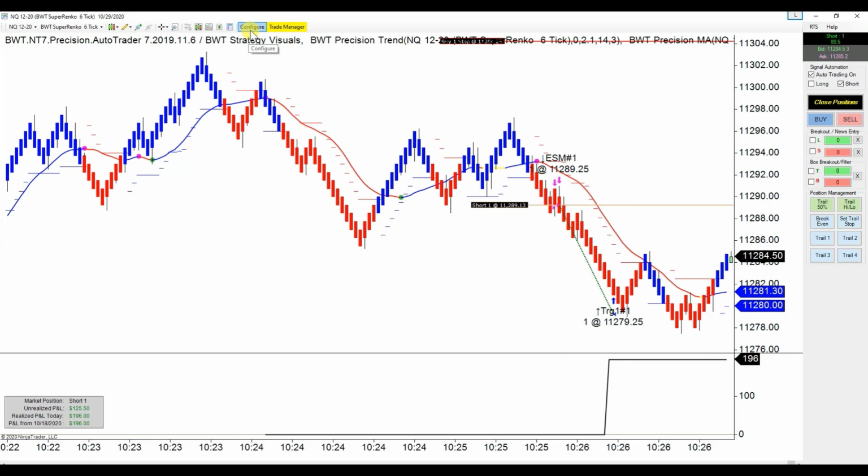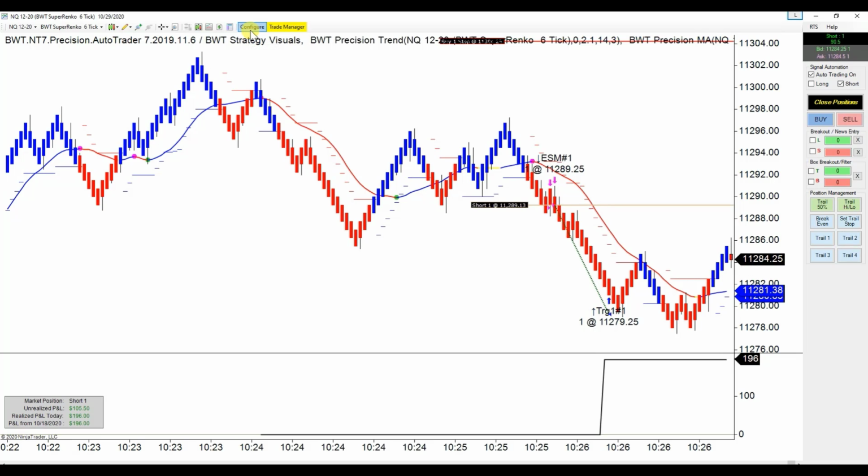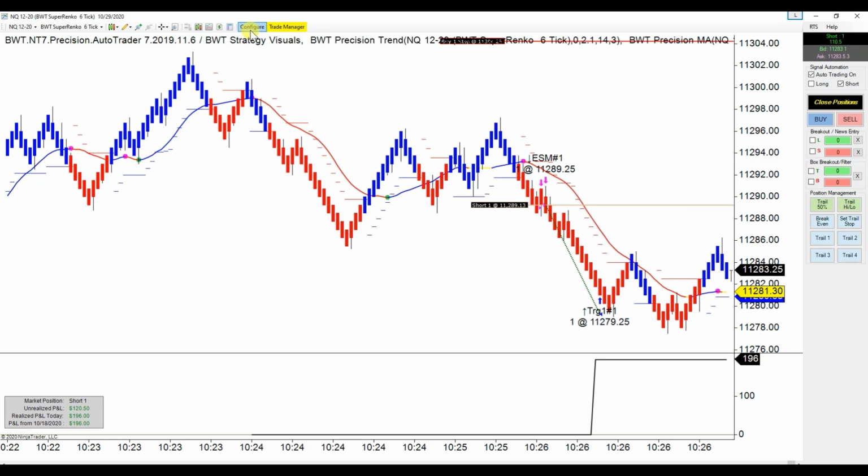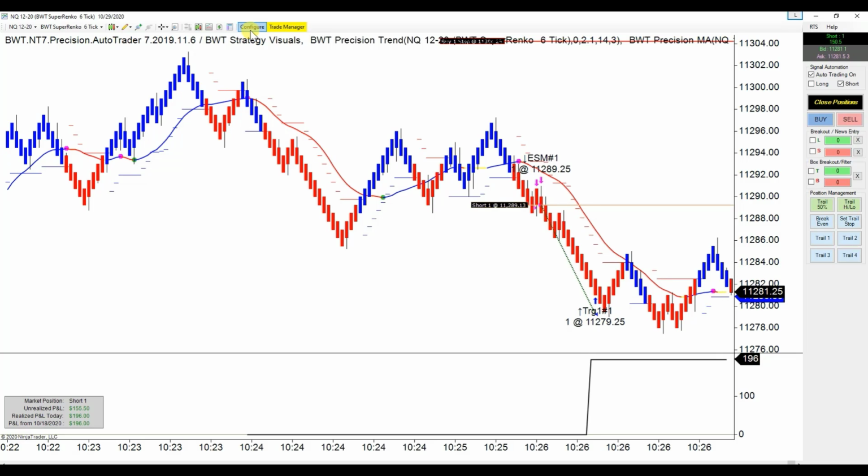So this initial touch, and it's a wide area, and it's wide because of the volatility. So the area between 280 and 310 is a short trade area, at least for the first time.